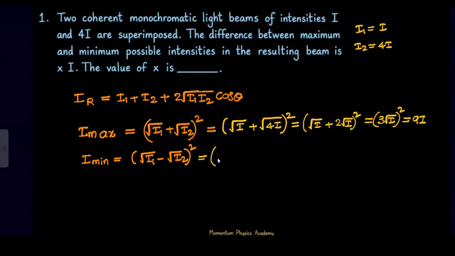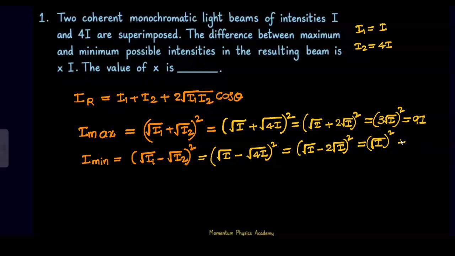And for the minimum, it is root I minus root of 4I, which is root I minus 2 root I, whole square, which means root I whole square, which is equal to I. Now they are asking to find the difference between maximum and minimum, I max minus I min.